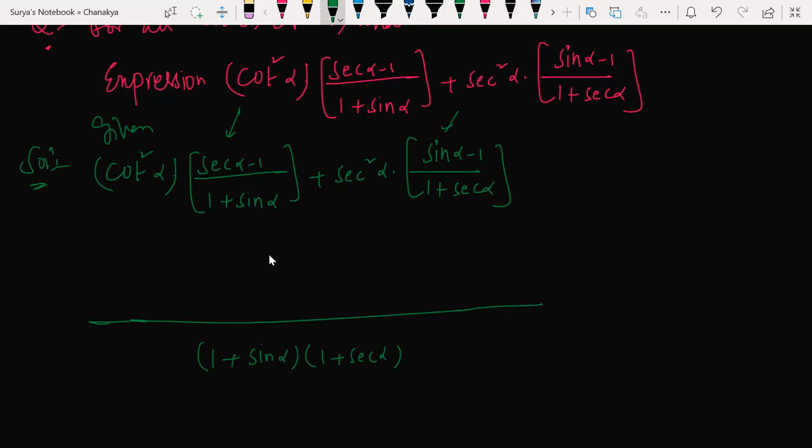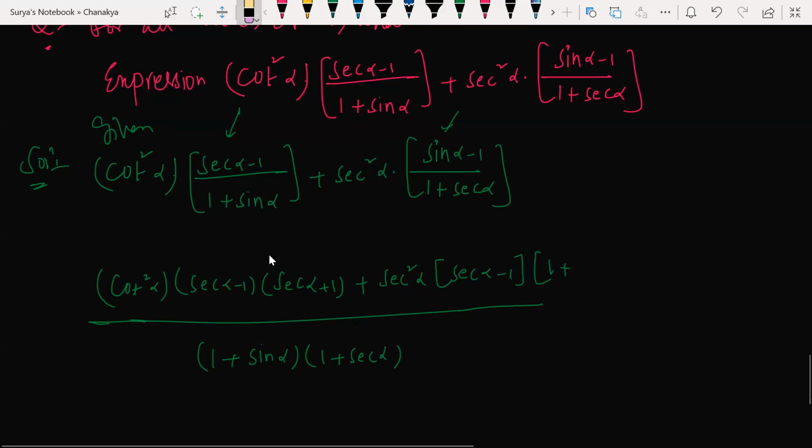So cot square alpha into secant alpha minus 1 into secant alpha plus 1, plus secant square alpha into secant alpha minus 1 into 1 plus sin alpha, or else you write this as sin alpha plus 1.